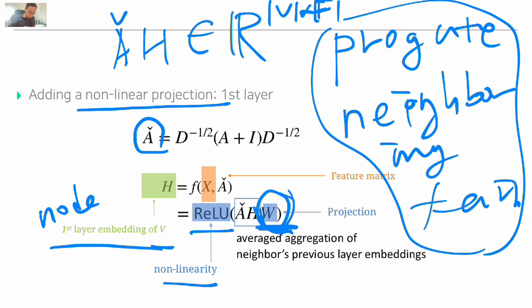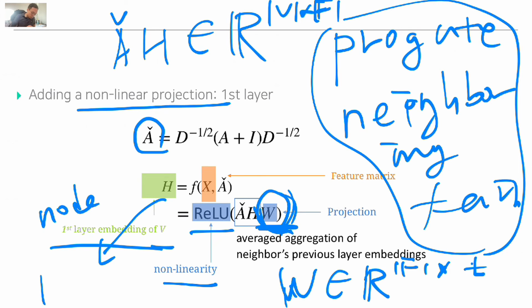Depending on the shape of W, the final dimensionality could be different. Assume that W corresponds to F by some dimension. What could the dimensionality be? So let's say T, and then the dimensionality of H could be V by T, right?